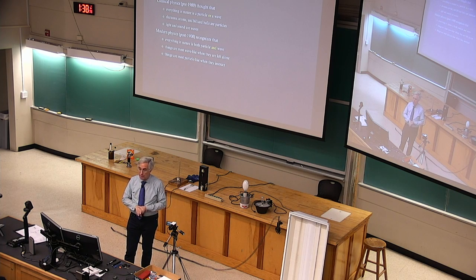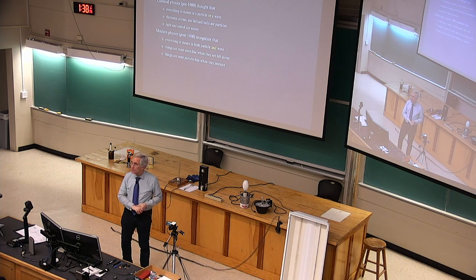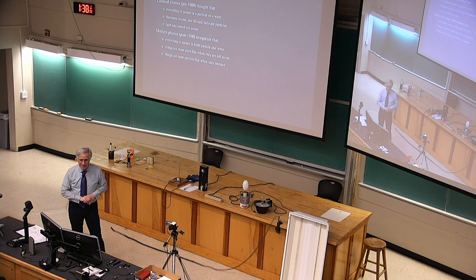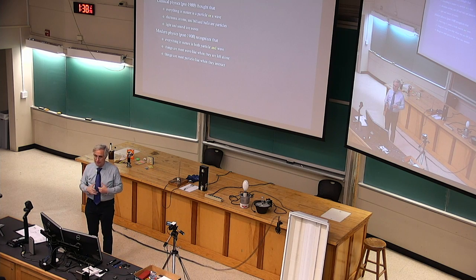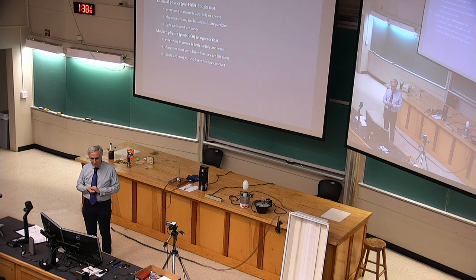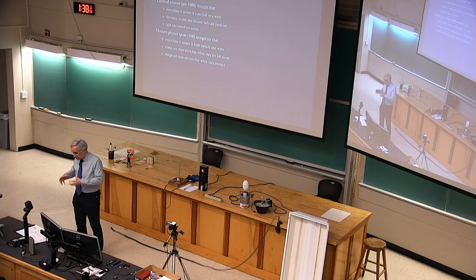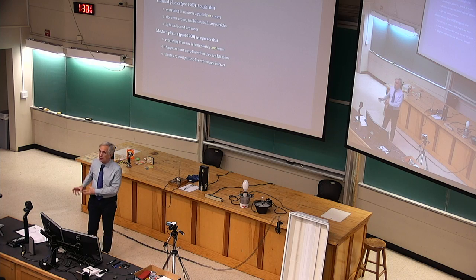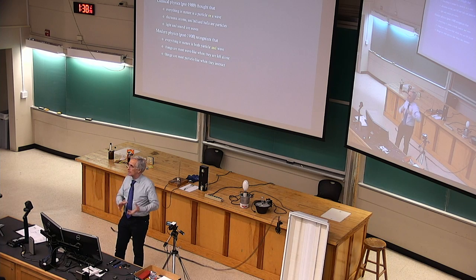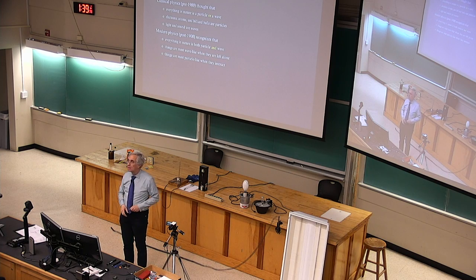What was observed was that in classical physics, that is to say physics before 1900, people thought that objects came in two completely separate categories. Particles, like a billiard ball, and smaller billiard balls, and finally atoms maybe. And then there were things that were wave-like, like light and sound, and things on water.